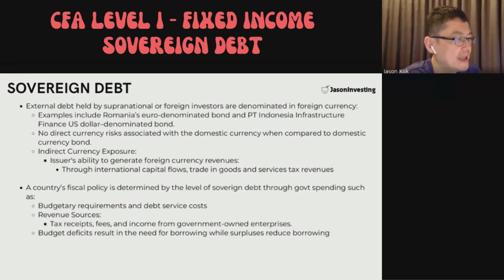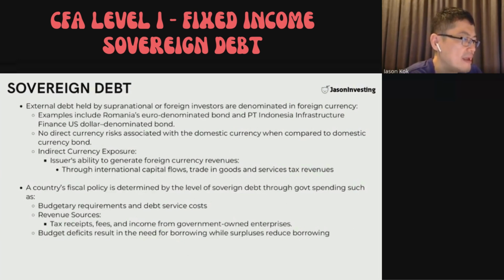At the end of the day, the government needs to generate these foreign currency revenues to pay off the external debt, and these revenues are generated through international capital flows and trading in goods and services.